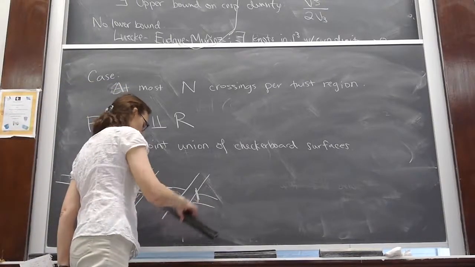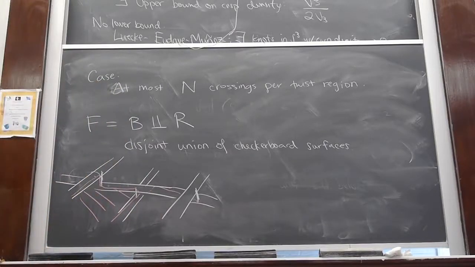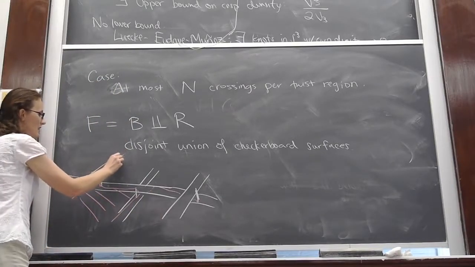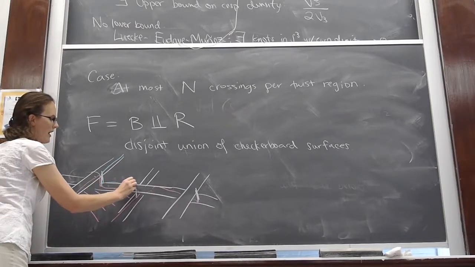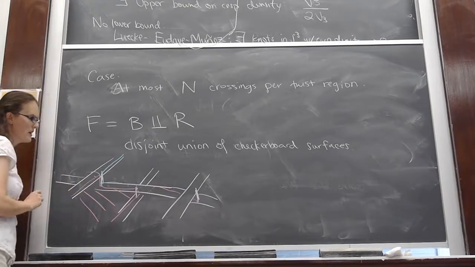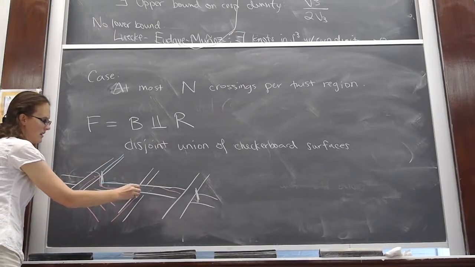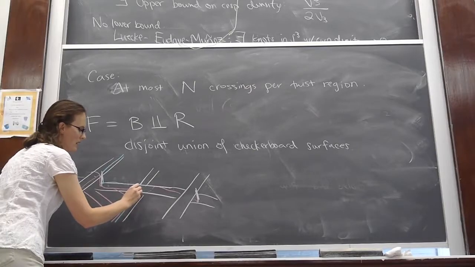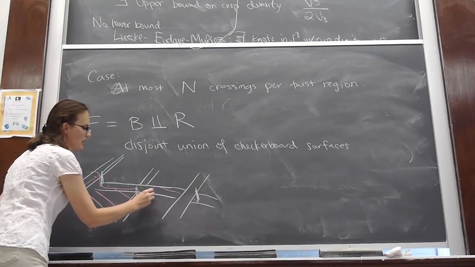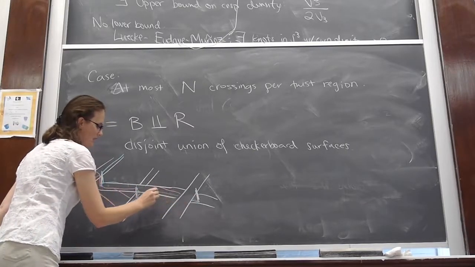And the other checkerboard surface, blue, is going to run around this way and meet that arc on the other side. And then it's going to come through and be on this side, so it's going to come up and around like so and come into that crossing there.